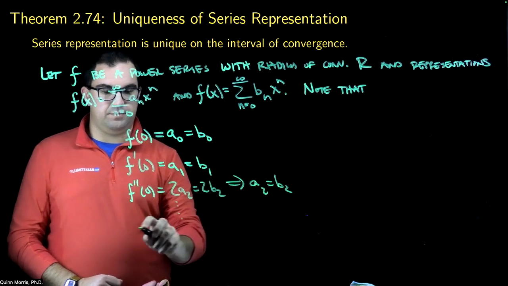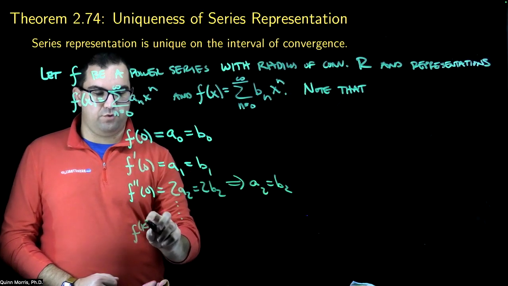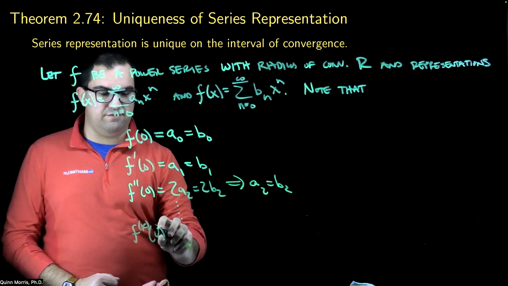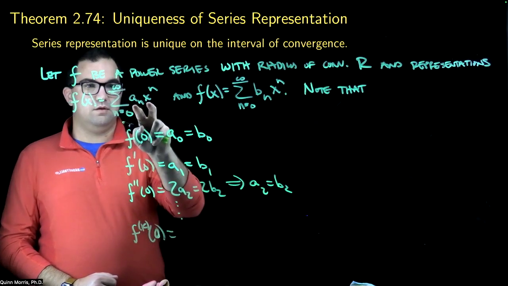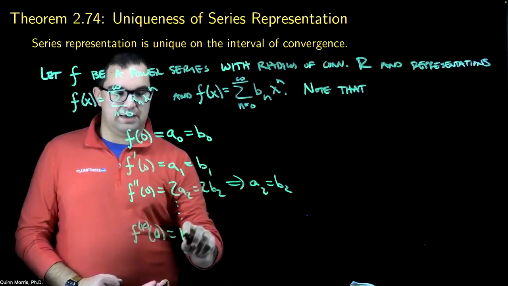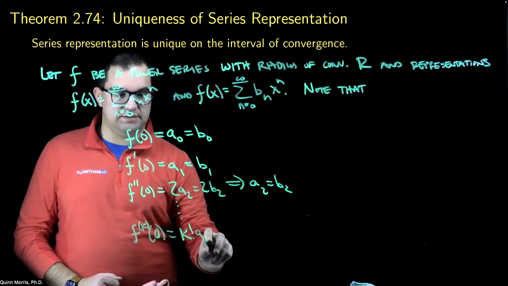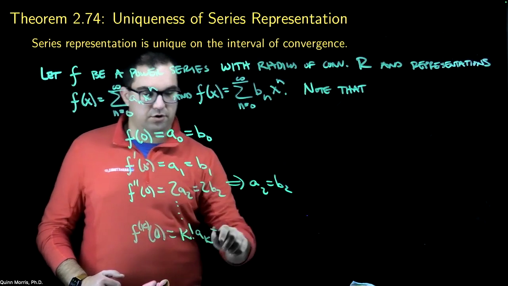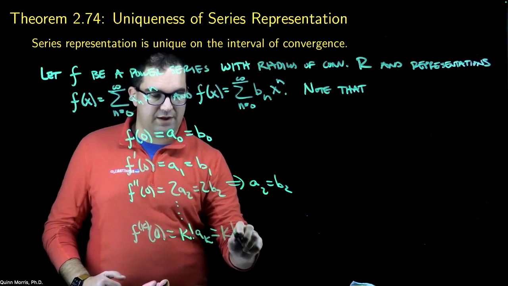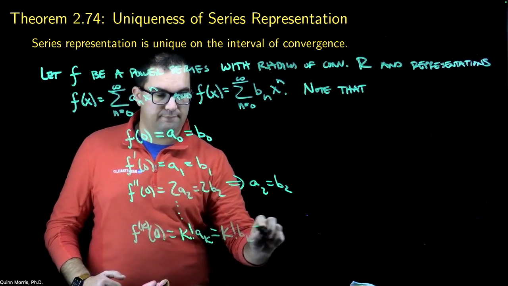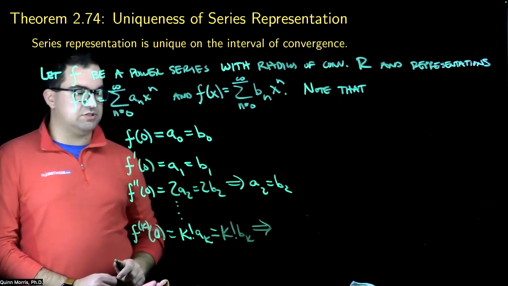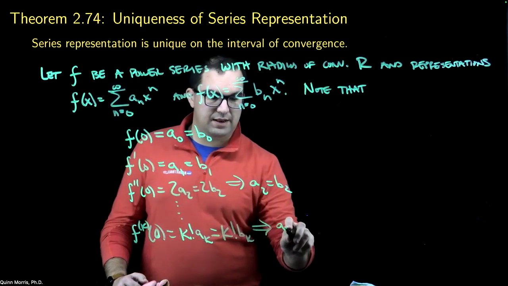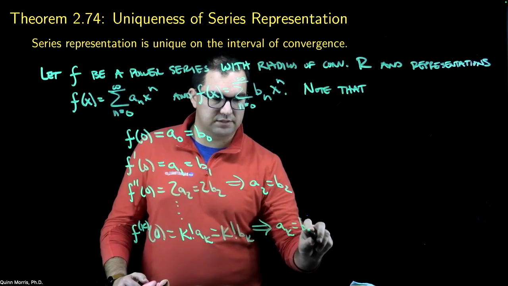Now, in general, we saw that formula just a minute ago, the kth derivative at 0. Here, that would be k factorial a sub k. Here, that would be k factorial b sub k. But dividing both sides by k factorial gives me that a sub k is equal to b sub k.